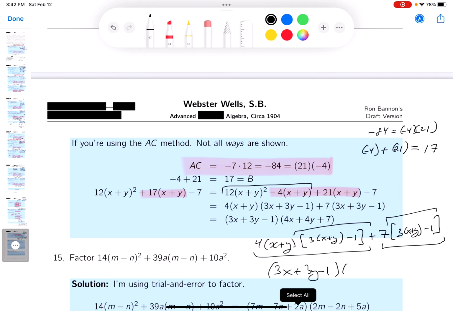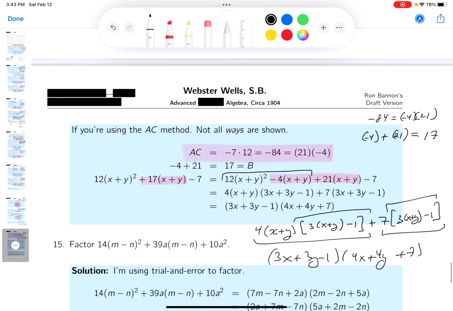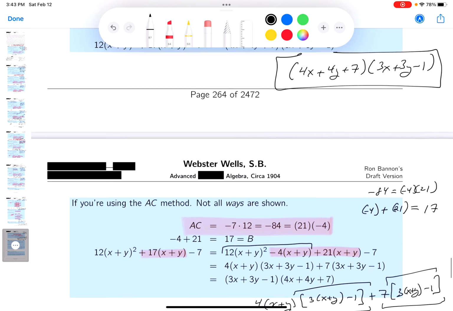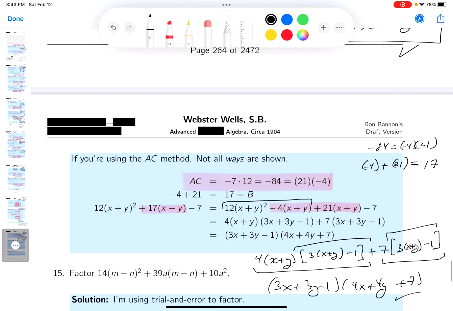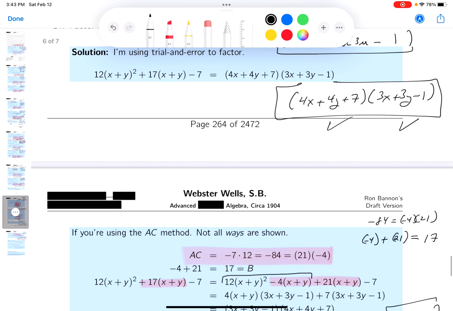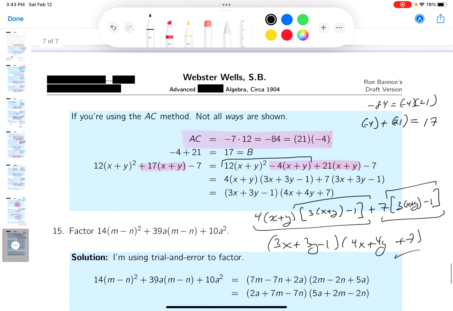What remains? Well, let's take a look. 4x plus 4y, that's from the first, plus 7. Are we getting the same thing? We better be. 3x plus 3y minus 1, 4x plus 4y plus 7. We're definitely getting the same thing, and that's good news. All right? Whatever method you use is the method you use.